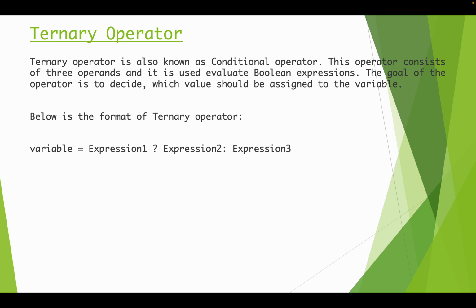It is also known as conditional operator, and it consists of three operands and evaluates Boolean expressions. The format is variable equal to expression 1, then a question mark, expression 2, and expression 3. Likewise, we have to use this format and use this operator in a program.